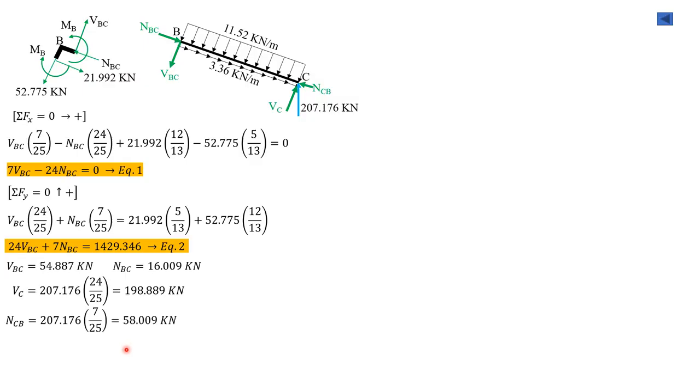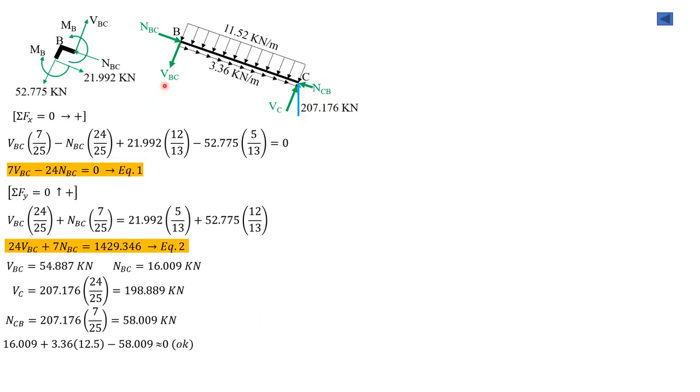So it is equal to 58.009 kilonewtons. Then let's check NBC: 16.009 plus 3.36 times the length of this, which is 12.5, then minus NCB, which is 58.009. That's approximately 0, so that checks equilibrium of this member also.